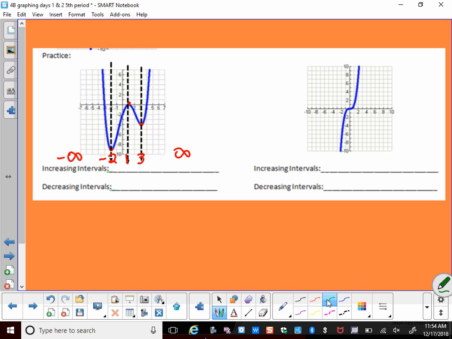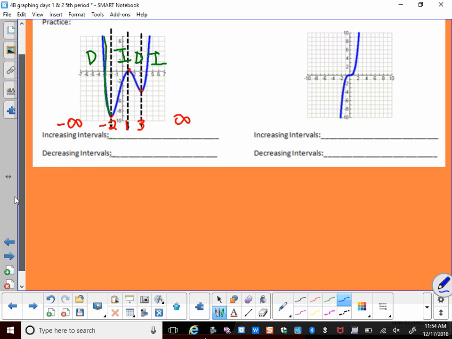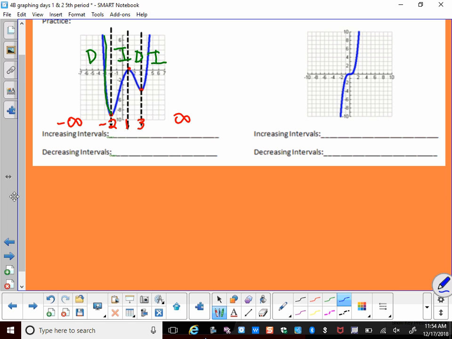I'm then going to ask myself, what am I doing from left to right? I'm decreasing, increasing, decreasing, and increasing. All right, so my increasing intervals. I'm increasing from -2 to 1, and 3 to positive infinity. Just matching it up with this.